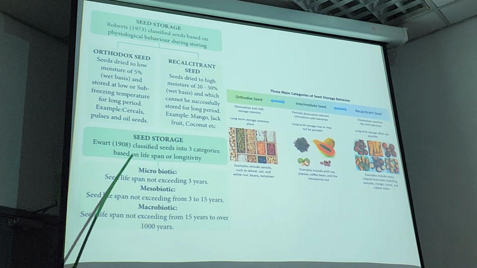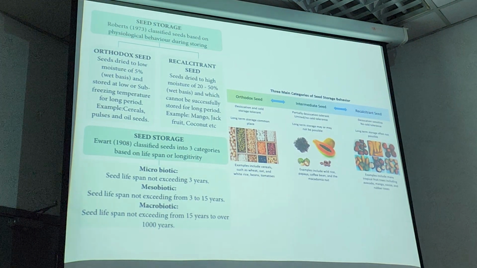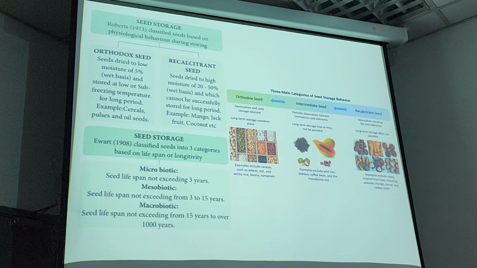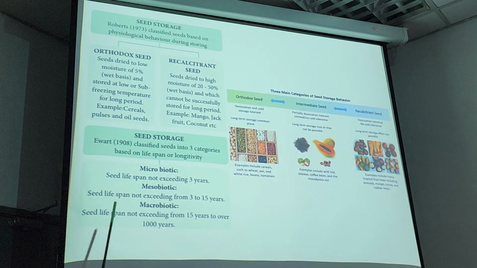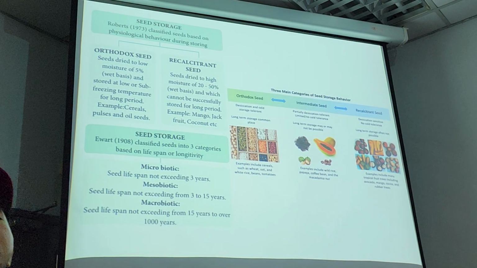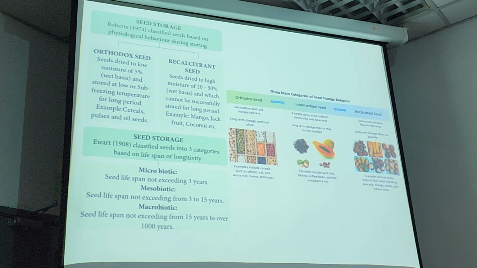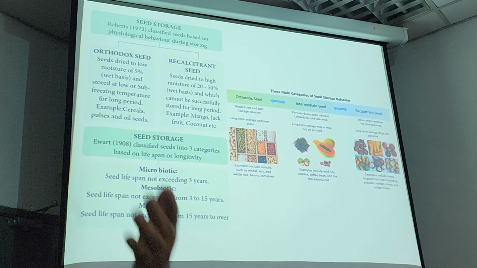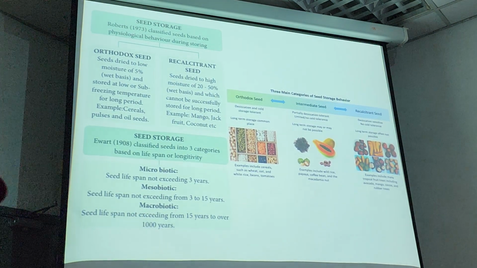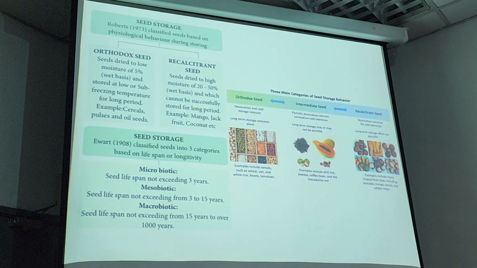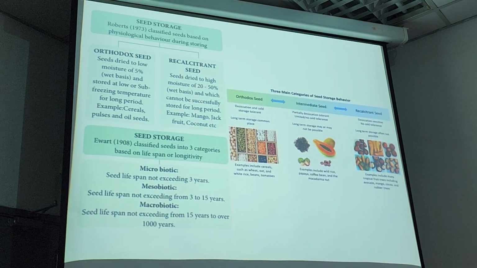However, I'm not going to say it's obsolete, but this is very subjective, because when you say the seed does not exceed 3 years, it still depends on the storage condition. The seed can have the ability to go beyond 5 years, but if you don't provide a good storage condition, the seed is going to last maybe 1 month.